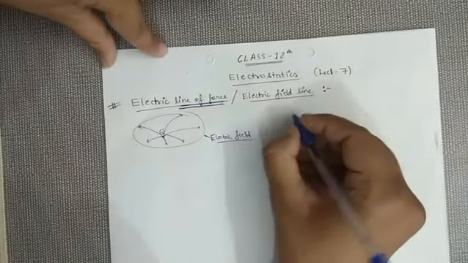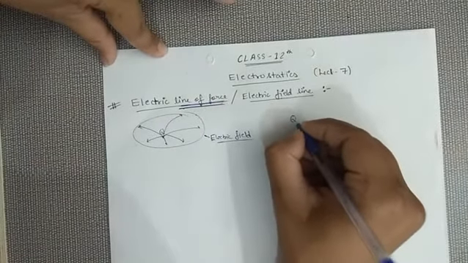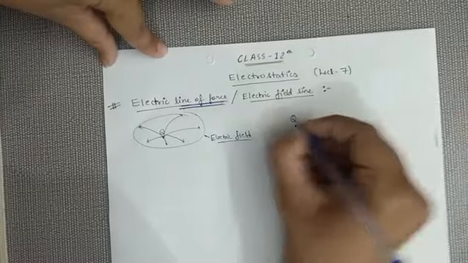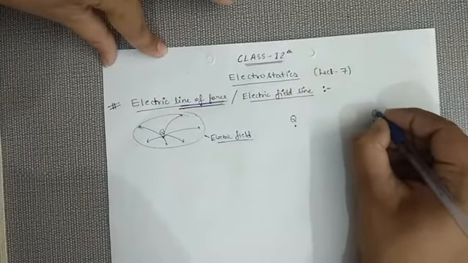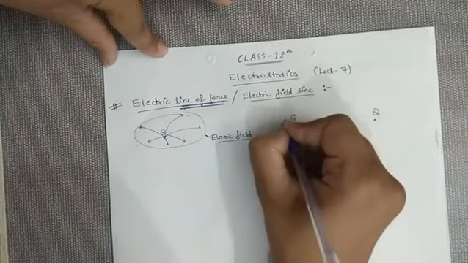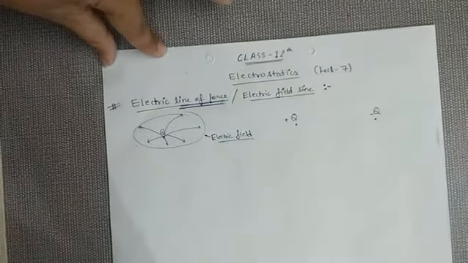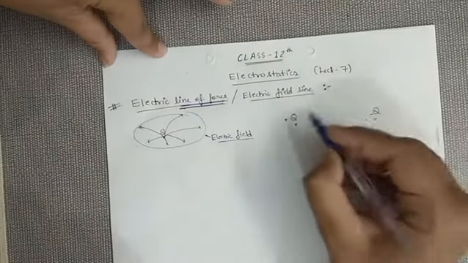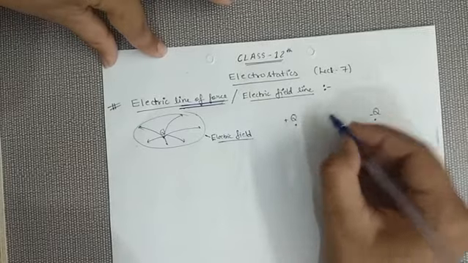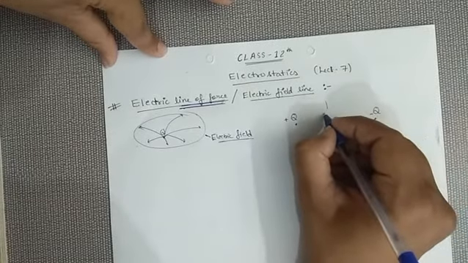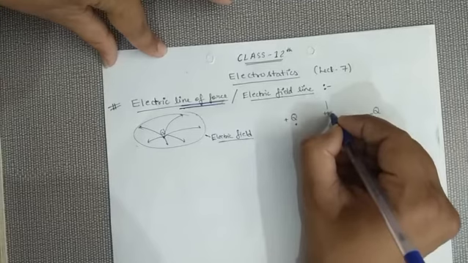See, suppose this is charge Q and this one is also charge Q. It is a positive charge and this is a negative charge. So an electric field will be there between these two charges. And suppose a small charge Q naught is placed here.